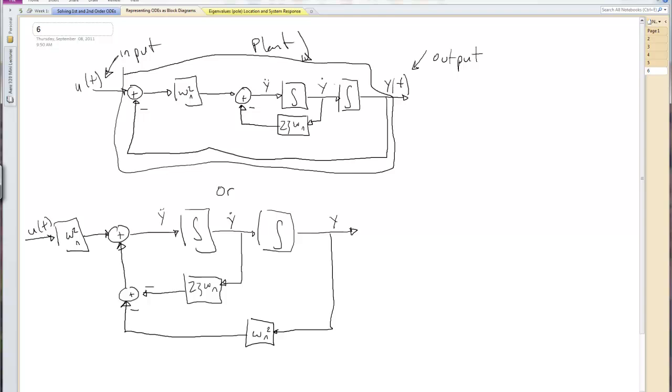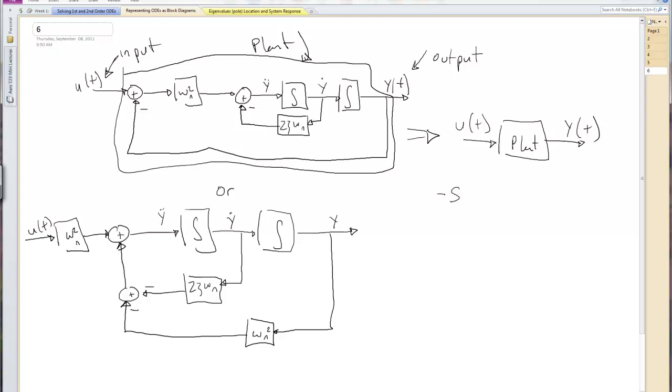All right, and we've talked about what the plant is and what it represents. If we could collapse this down into one thing, which we'll look at how to do, we could just have one block that represents the plant, with an input u of t and an output y of t. So if I collapse this down to a single block, it represents something like a subsystem or a function from, say, MATLAB: if I give it an input u, I get an output y.